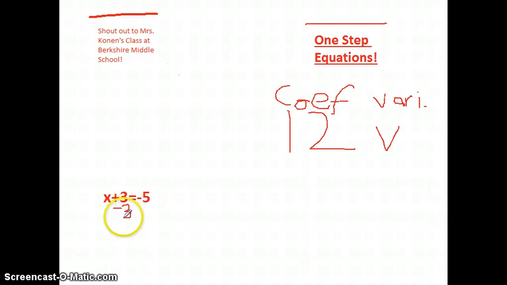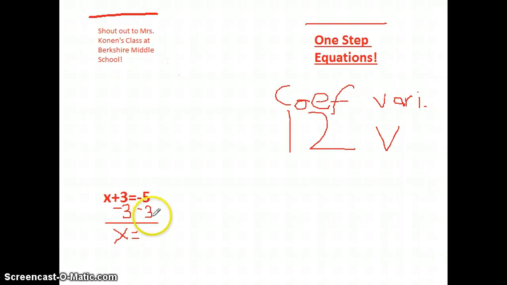So I'm going to do negative 3, and you have to apply that to the number past the equal sign. And then you basically solve. The 3 would be canceled out, so that would leave just x, which equals negative 5 minus 3.